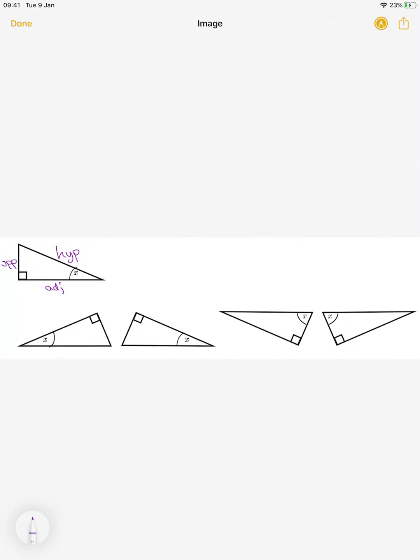Okay, so you should now have your red pen out ready to mark. This one will be my hype, this one my op, and this one my ADJ.